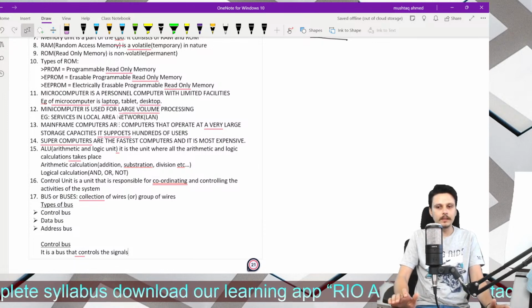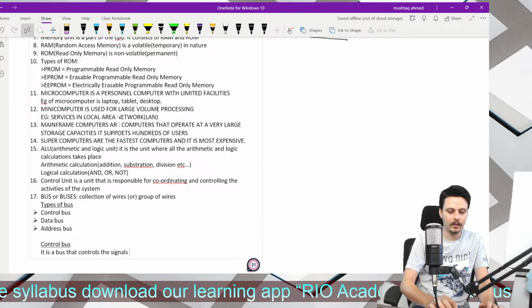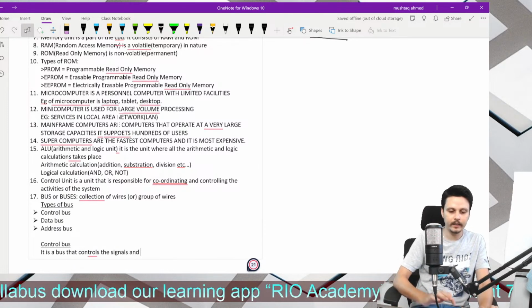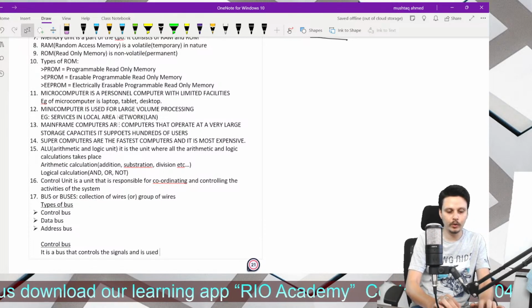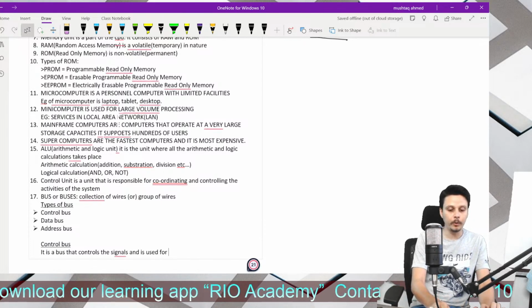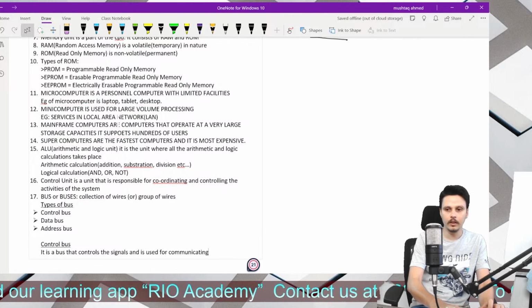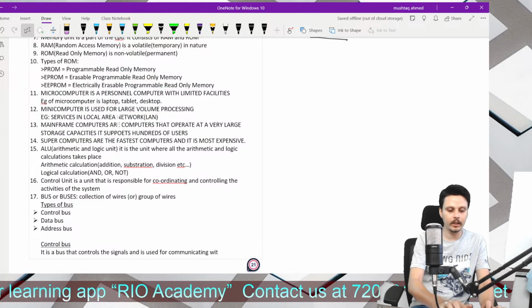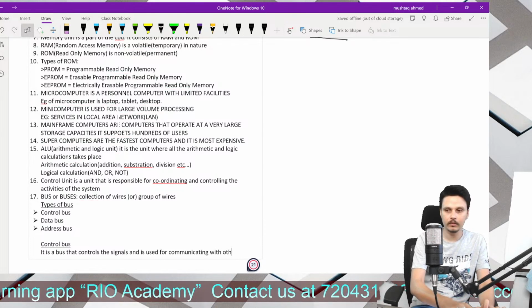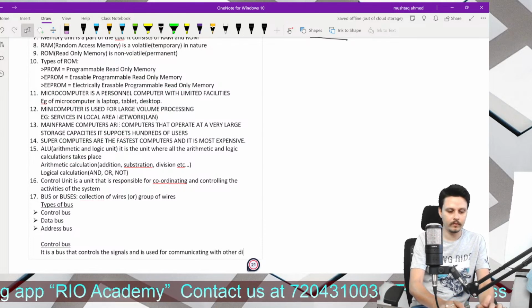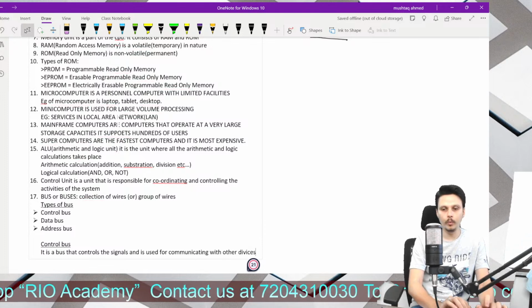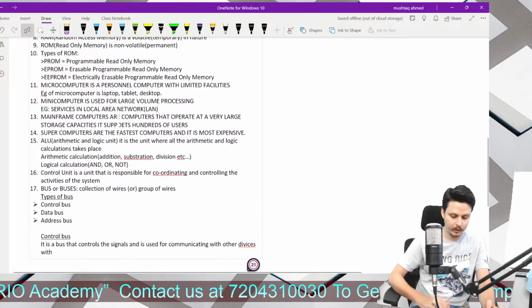Control bus is a bus that controls the signals and is used for communicating with other devices within the system or within the computer.